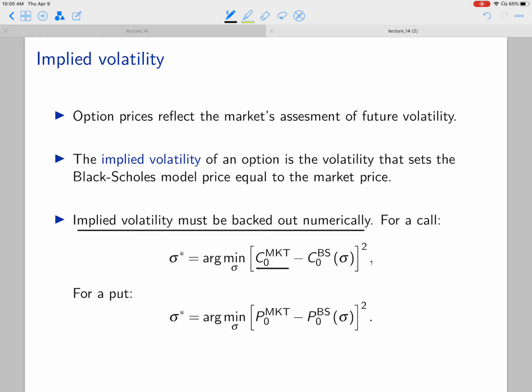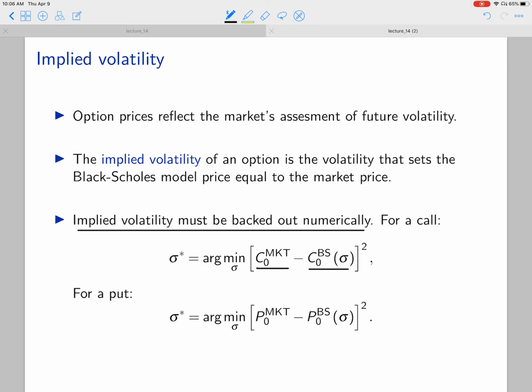All the other inputs to the option, remember, are observable to you: the strike, the risk-free rate, the maturity, and the stock price. And the way you do this is by iteratively guessing and checking volatilities and plugging them into the Black-Scholes price, and then finding the volatility that is going to give you the Black-Scholes price that is closest to the observed price.